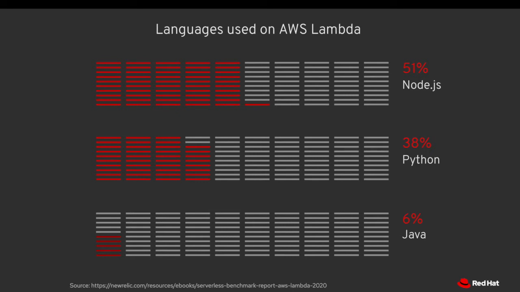This is a recent survey from the Serverless Benchmark Report, Amazon Lambda 2020. More than 50% say Node.js is a popular language framework and platform to develop your serverless application.